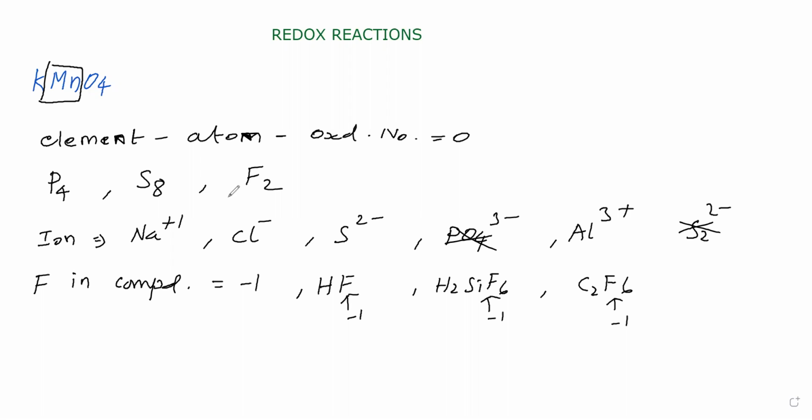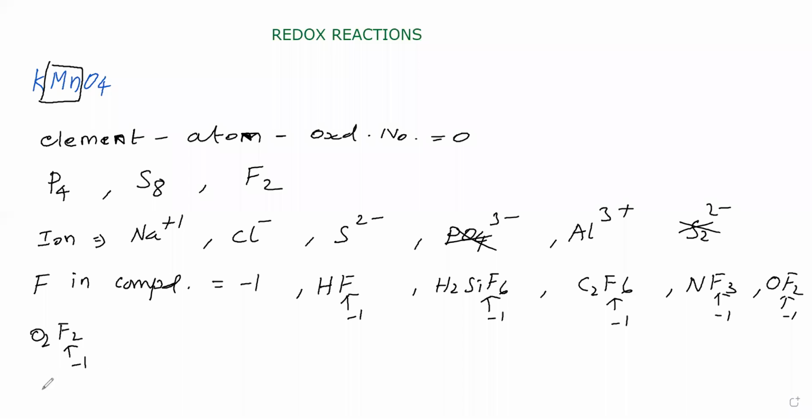In compounds, the fluorine oxidation number is -1. Now take NF3: here fluorine oxidation number is -1. OF2: here fluorine oxidation number is -1. O2F2: here fluorine oxidation number is -1. So if fluorine is present in a compound, you say the oxidation number is -1.